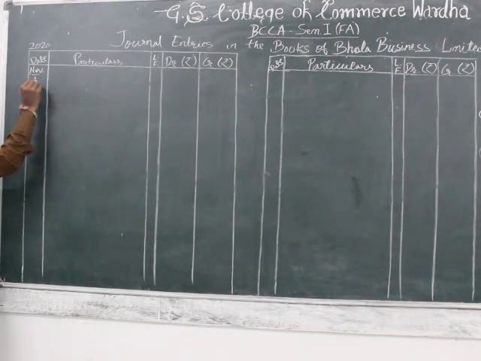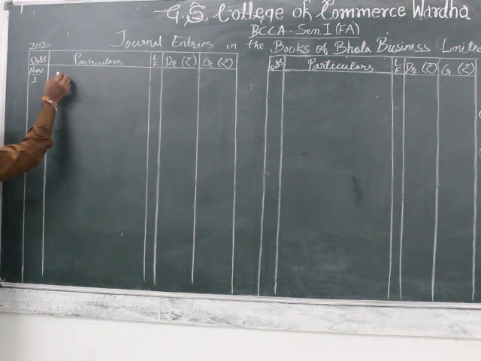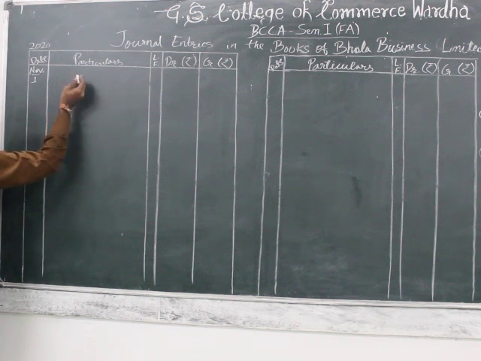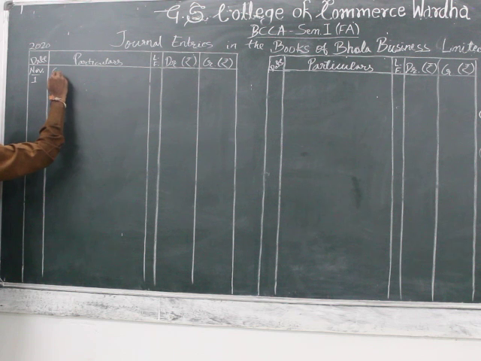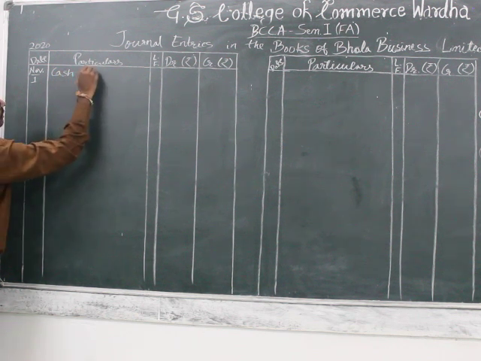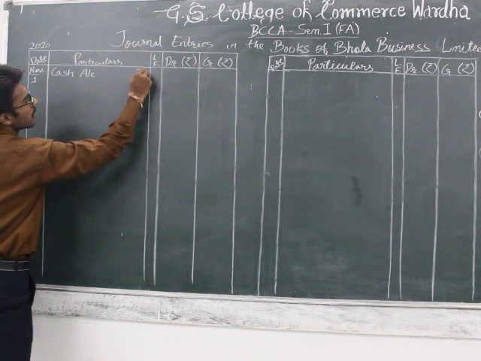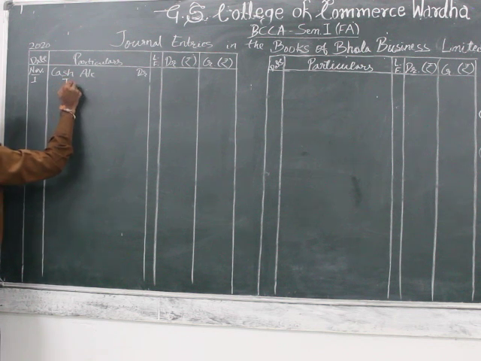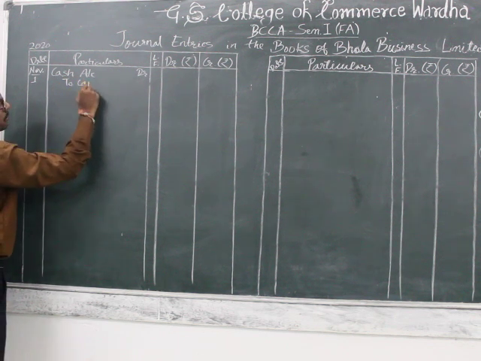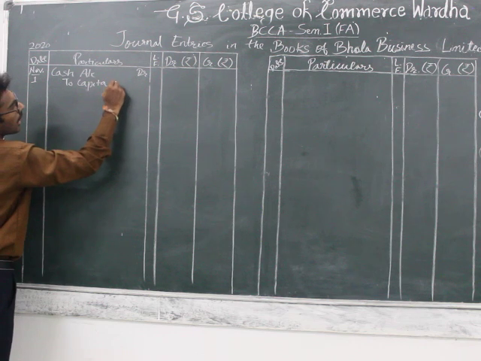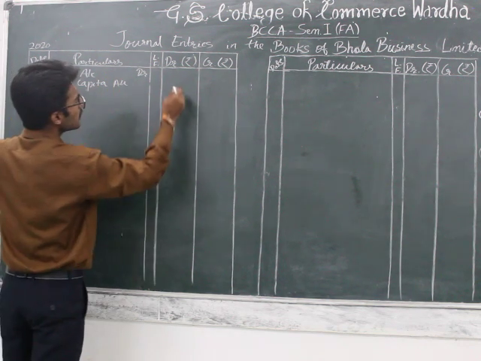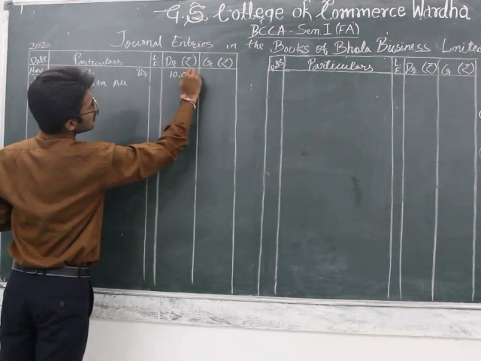On 1st of November, we will pass our journal entry: Cash account debit, to capital account, rupees 10,000.